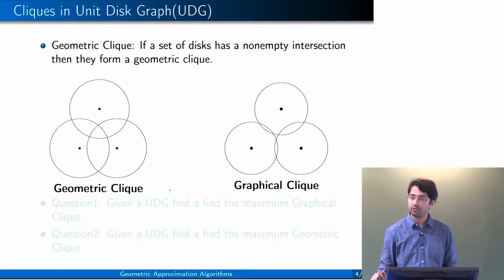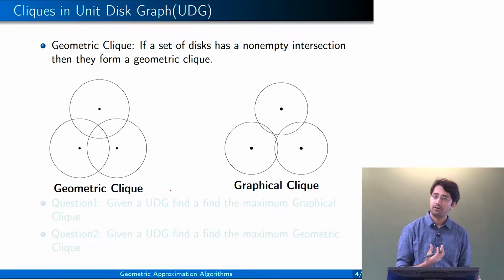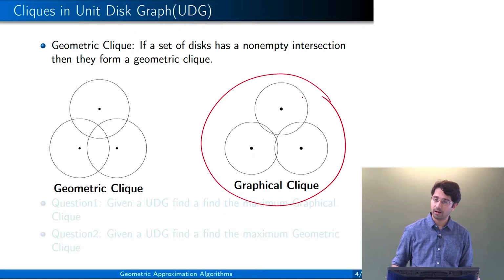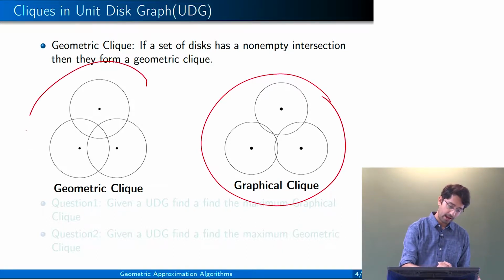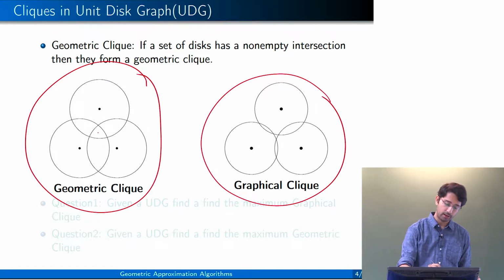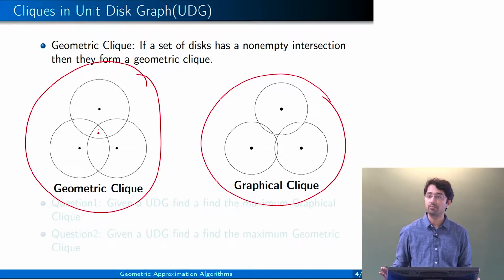But there is also the concept of a geometric clique in a unit disk graph, that is a set of disks for which there is a common intersection point. For example, these 3 unit disks do not form a geometric clique, because they do not have a common intersection point, whereas these 3 disks form a geometric clique because they do have a common intersection point.